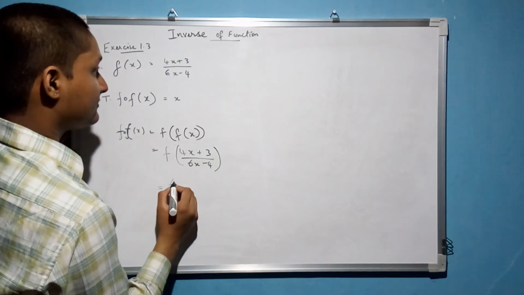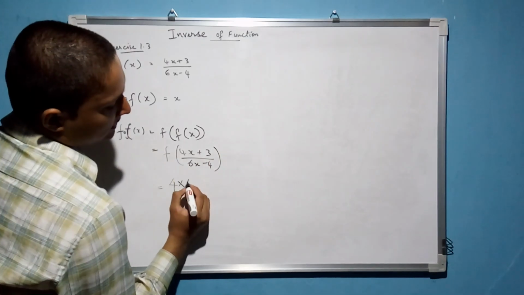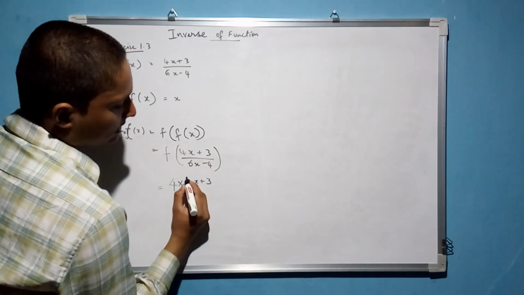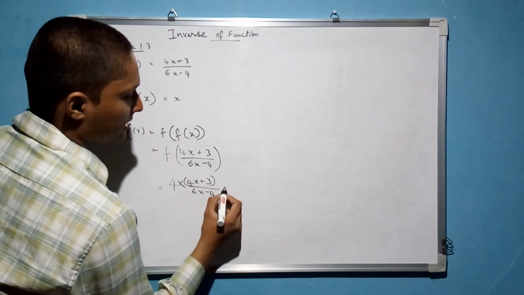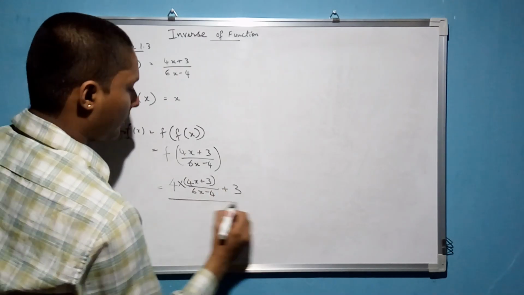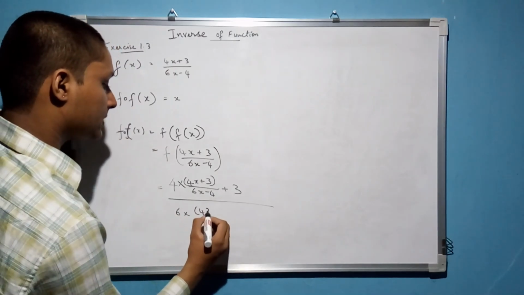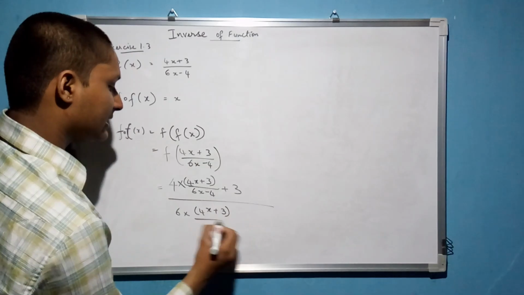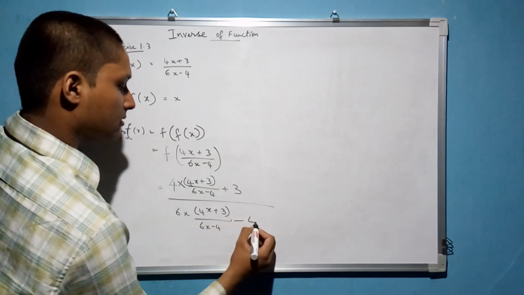So 4 into, in place of whole x, I need to write this 4x plus 3 divided by 6x minus 4 plus 3 divided by 6 into 4x plus 3 divided by 6x minus 4 minus 4.